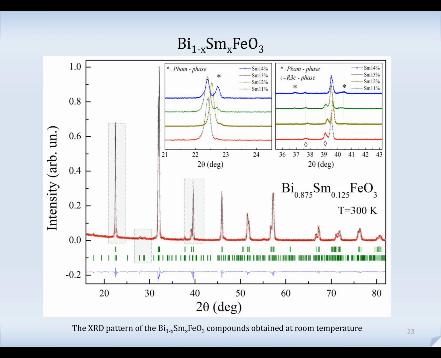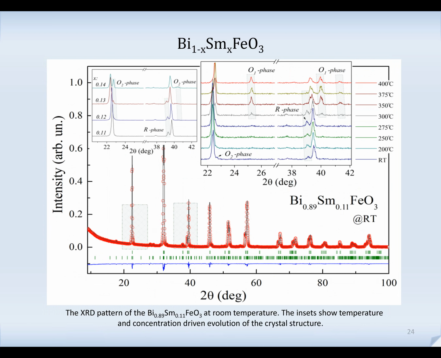Some reflections specific for the R phase decrease in intensity with samarium content, and some reflections specific for the O2 orthorhombic phase increase. And for samarium 14, we have a single-phase compound, which is characterized by antipolar orthorhombic structure. So, more or less understandable.